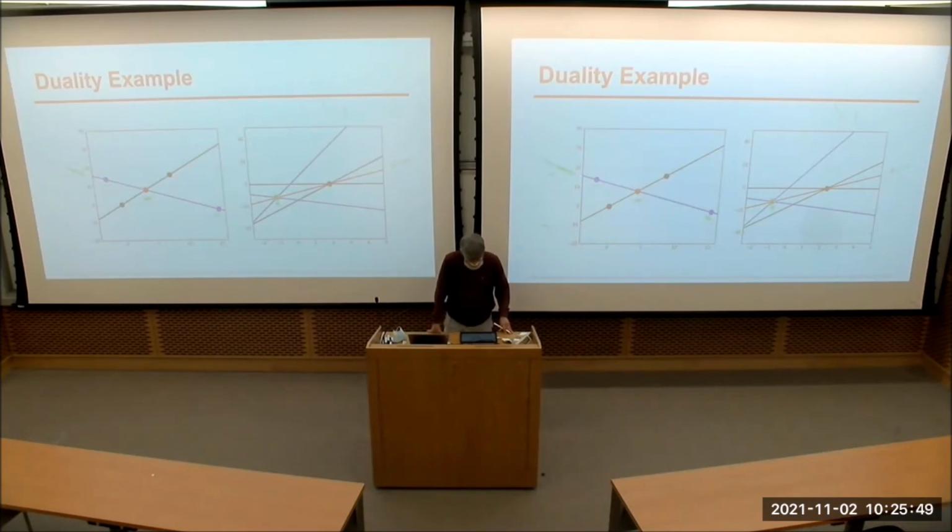Namely, every point that is on this line in primal space corresponds to a line that passes through the corresponding blue point in dual space.